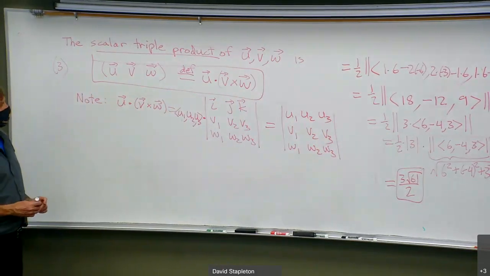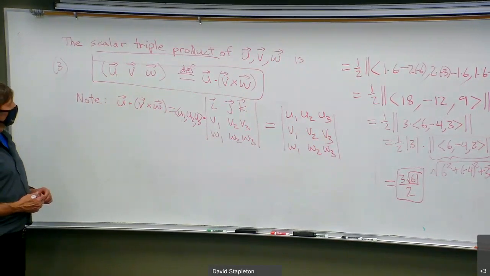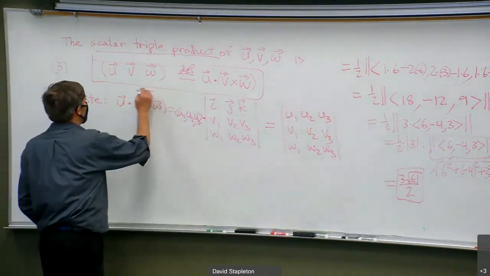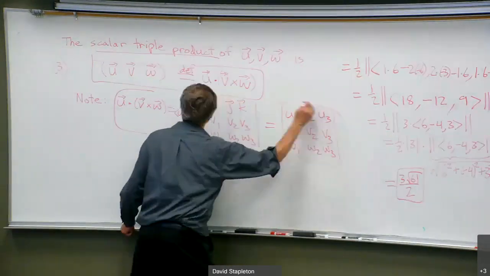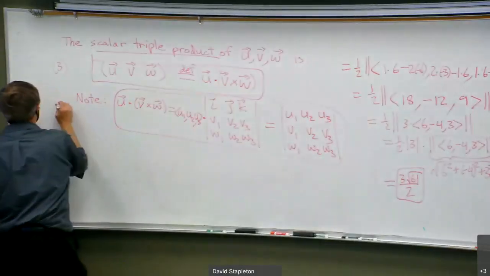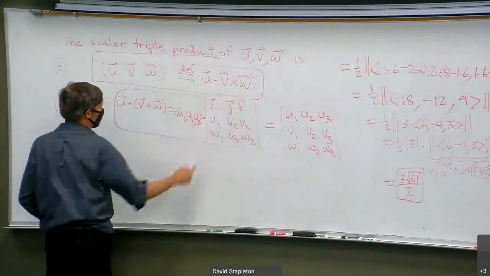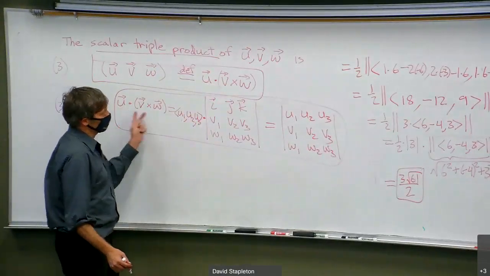How about that? What's more, it has geometrical significance. This is the calculational formula. This is the definition of triple scalar product, U dot V cross W. This is the calculational formula to do it faster. Just do the determinant.